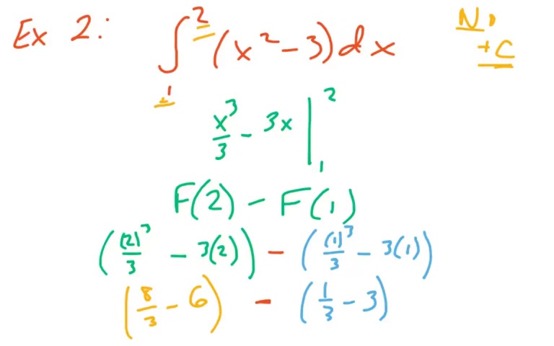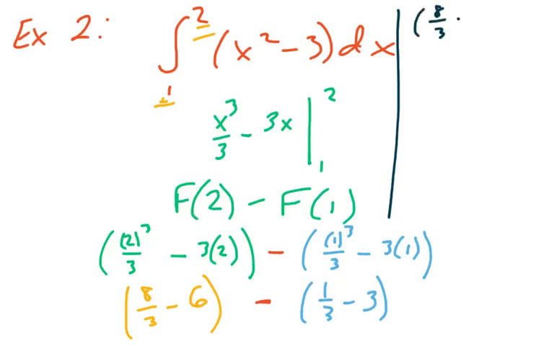Now we have to simplify this a little bit more. I'm running out of room here, so I'm going to erase this a little bit and come up to the top right side. So I've got 8 thirds minus 6, minus 1/3 minus 3.